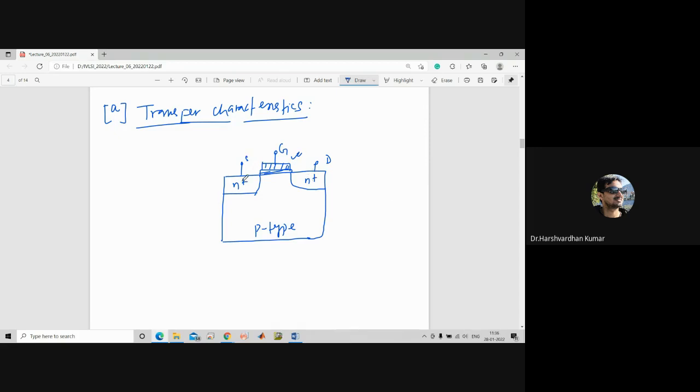Do you agree? This layer is the SiO2, which is an insulator. So the gate terminal has no direct contact with the source, drain, and p-type semiconductor. It means the gate current, whenever we talk about current, we always talk about the drain current.